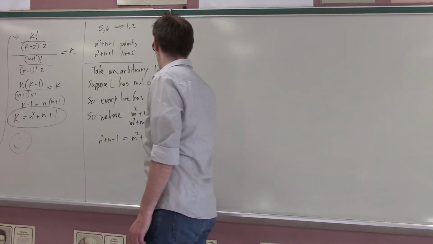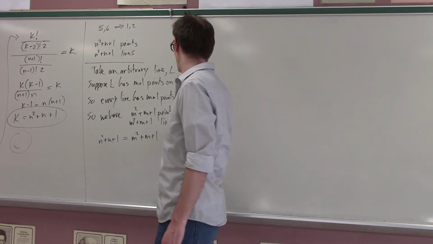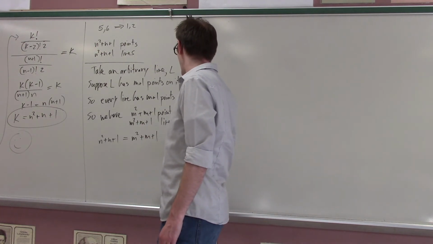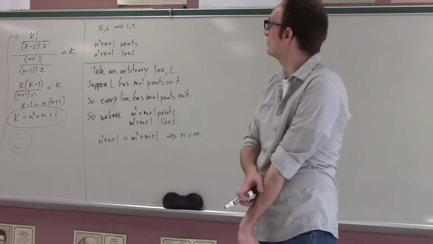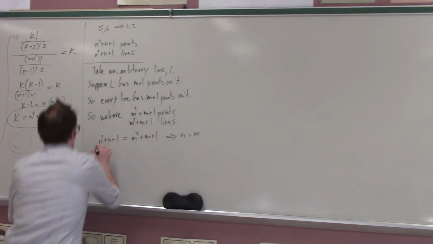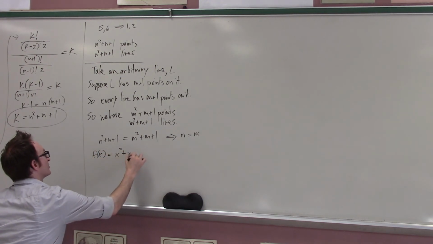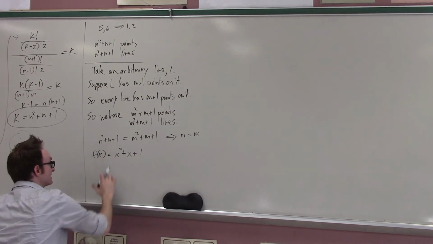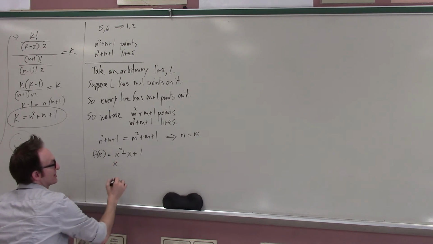And now I claim that if these two quadratics are equal, then that's only true when n equals m. And basically, this is just like an algebra fact. I don't know, you can use calculus or something. You can consider the function x squared plus x plus 1. Or maybe we could just complete the square, right?